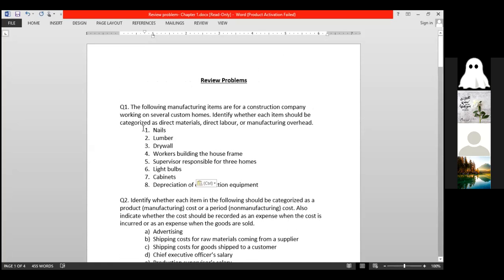So they classified nails, supervisor responsible for the 3 homes, and light bulbs as a manufacturing overhead, but they are not. Nails are something that are used, just like wood is used in making a house, nails are used. So it is not manufacturing overhead.